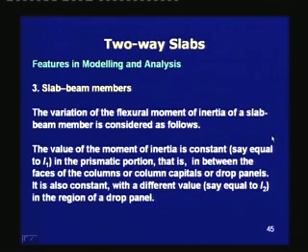It is also constant with a different value in the region of a drop panel. The slab beam member is the horizontal member. Its flexural stiffness is different in the span as compared to the values in the drop panel.